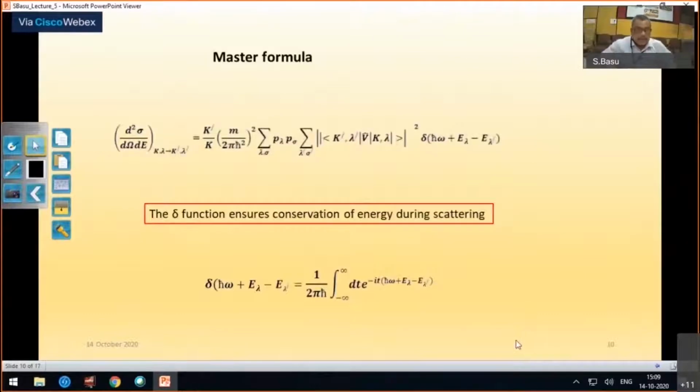Now, please understand this. You look at this expression, and I'll explain it term by term.